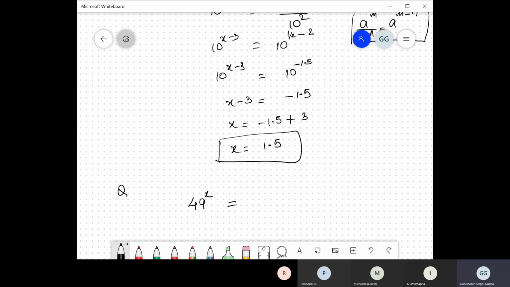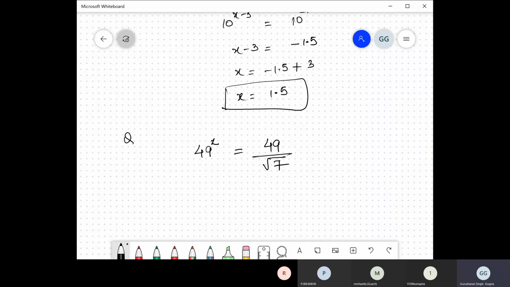49 to the power x equals 49 over root 7. How will you do this one? You can change 49 and 7. Exactly. So now you have 49 and 7.